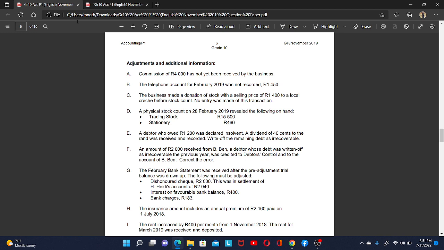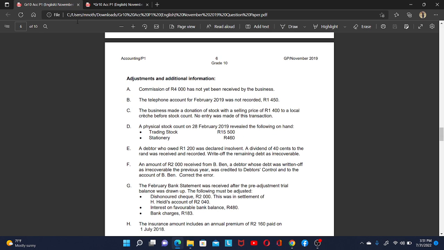And then an amount of 2,000 received from Pippen, a debtor whose debt was written off as irrecoverable the previous year, was credited to debtors control and to the account of Ben.